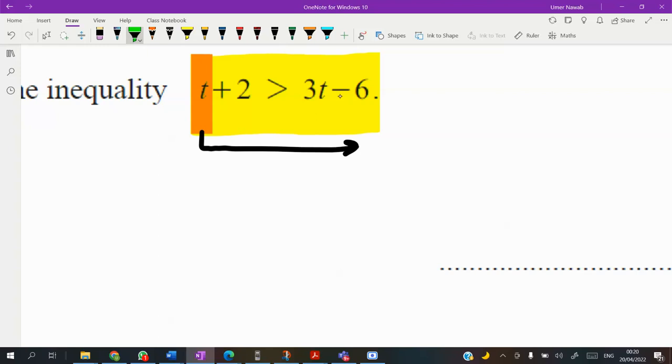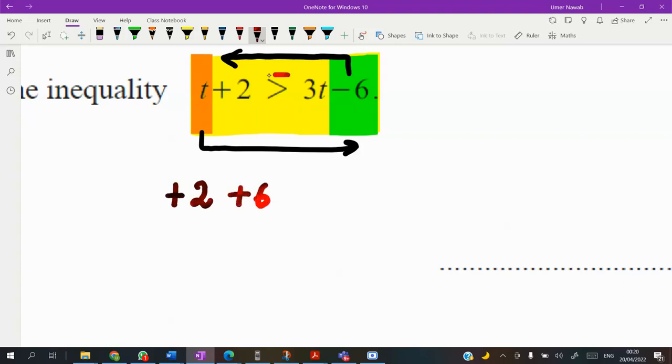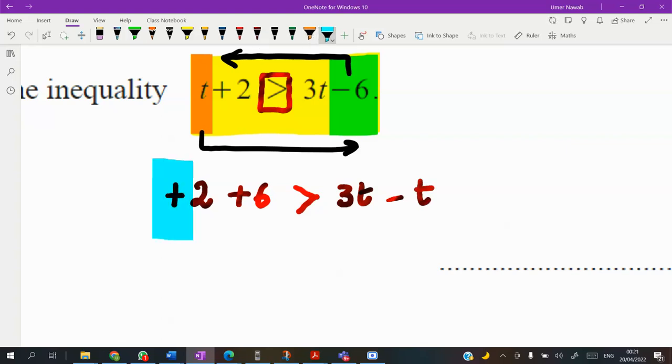In the same way, the minus 6 will go to the left hand side. Now, with this new arrangement, plus 2 was already there, and minus 6 changes to plus 6. No change happens to the inequality sign. It stays as a greater than sign. 3t was there, but plus t has gone to the right hand side, so now it becomes minus t. Now, what is the answer for this?